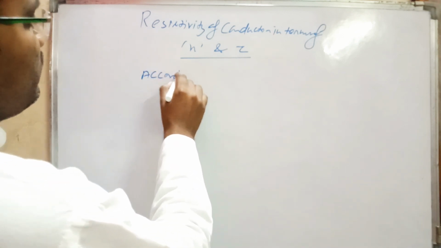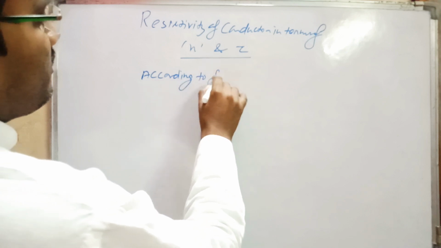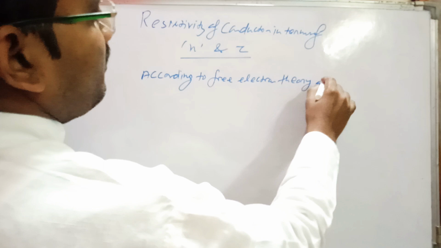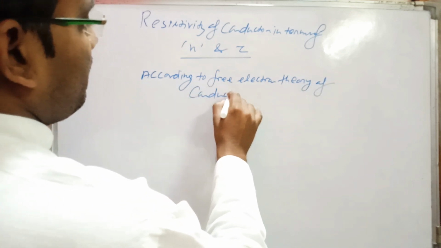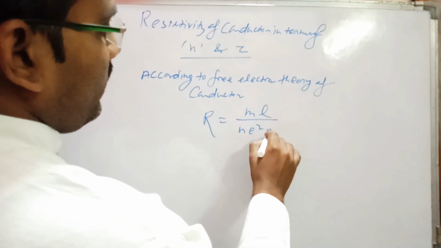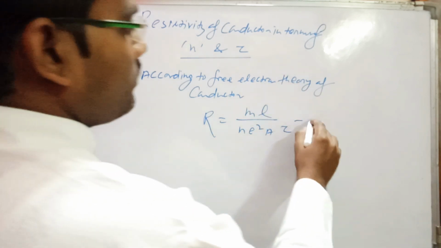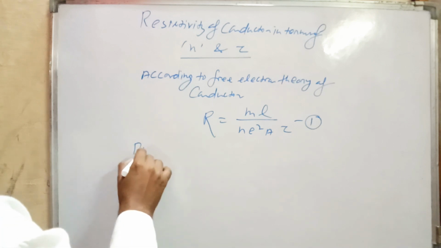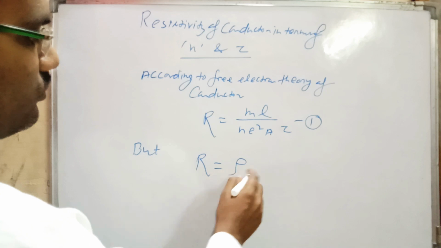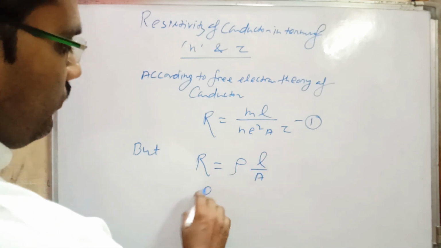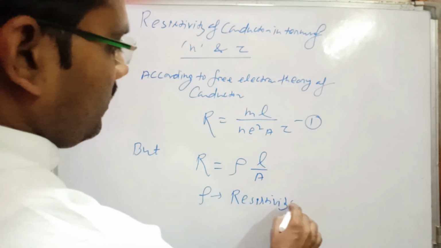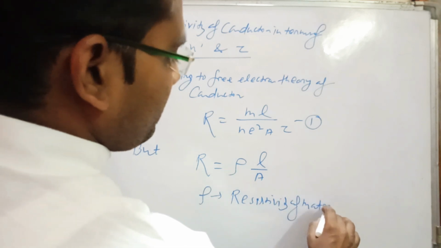According to free electron theory of conductor, R is equal to ml upon n square e square A tau. This one is the equation number 1. But resistance of conductor is given as R is equal to rho L by A, where rho is the resistivity of material of conductor.